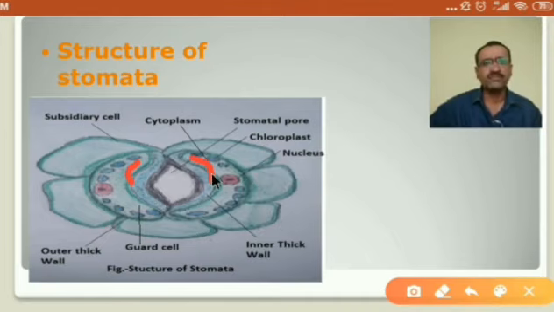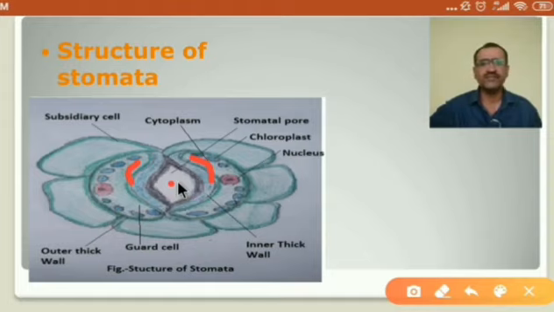Two main parts are here: the centrally located pore with the guard cells, and the surrounding subsidiary cells. The combination of these is the stomata, and this is the pore or stomatal opening. This is the structure of stomata.